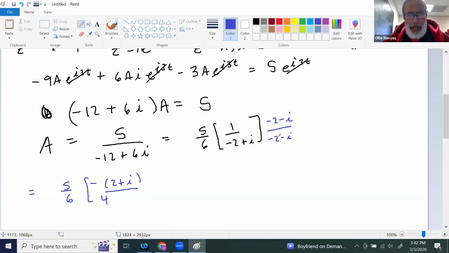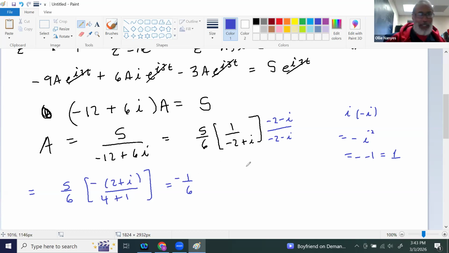Minus 2i plus 2i, those cancel. And then i times minus i gives minus i squared, and we get a 1. And then we get 1/6 up here, and that's correct, i plus 2, or 2 plus i. And that's going to be your a.